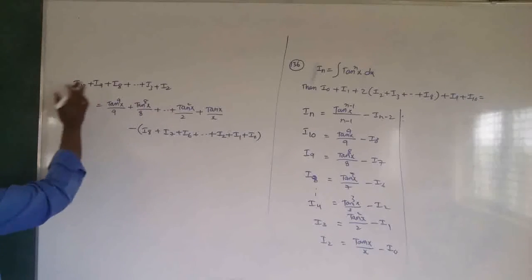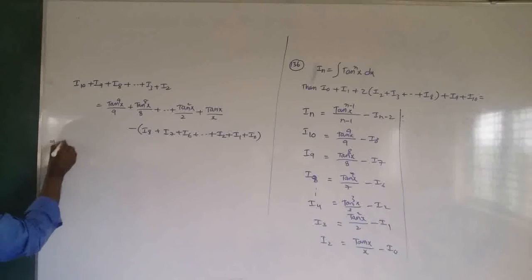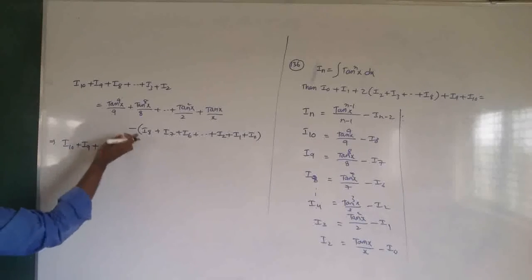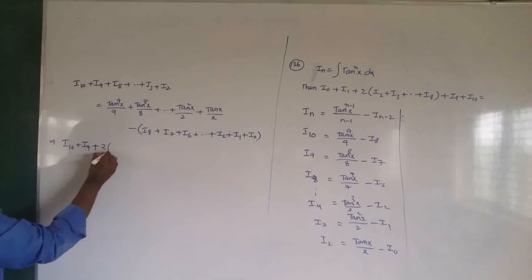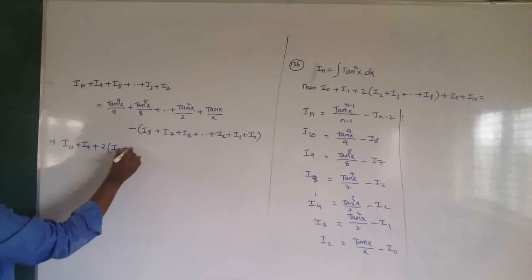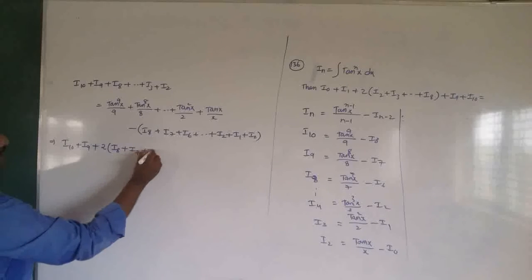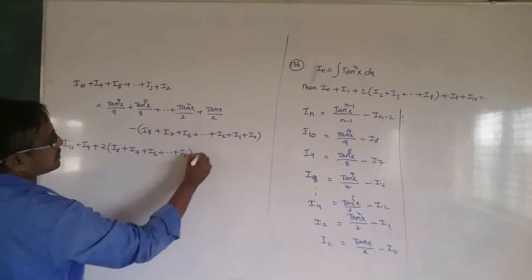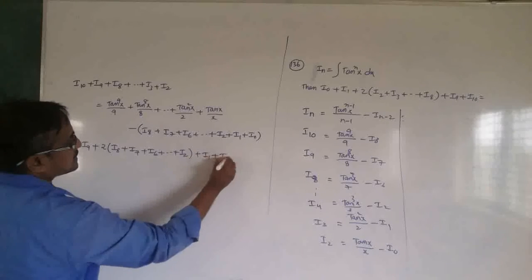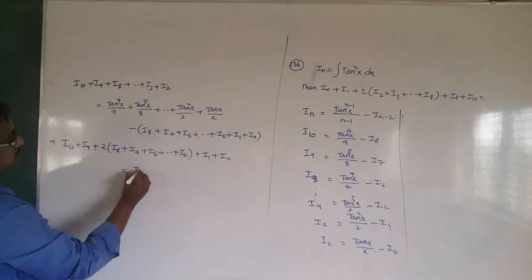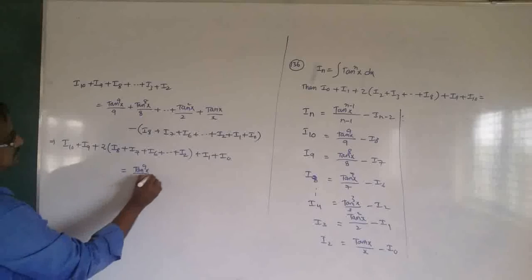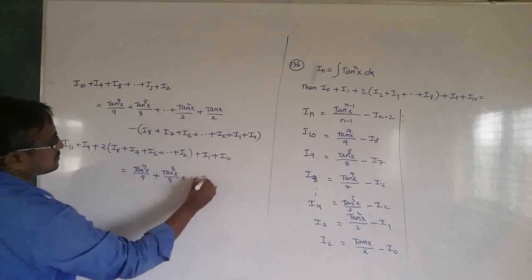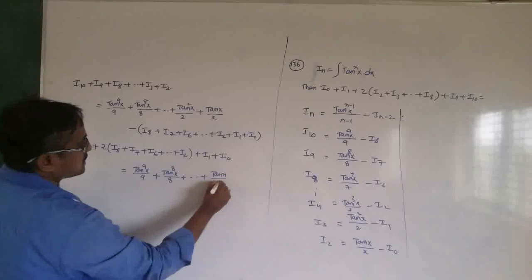So take all these terms onto the left side. There will be I10 plus I9. Now it will be 2I8. So I10 plus I9 plus 2 into I8 plus I7 plus I6 plus and so on plus I2 plus I1 plus I0 is equal to tan power 9x by 9 plus tan power 8x by 8 and so on plus tan x by 1.